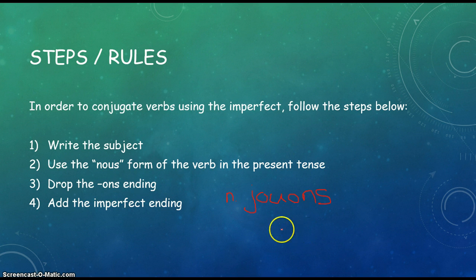Then our step 3 says we're going to drop the ONS, so we're going to do that. And the very last thing we're going to do is to add the imperfect ending to this stem, J-O-U. And you would use that for the entire conjugation.